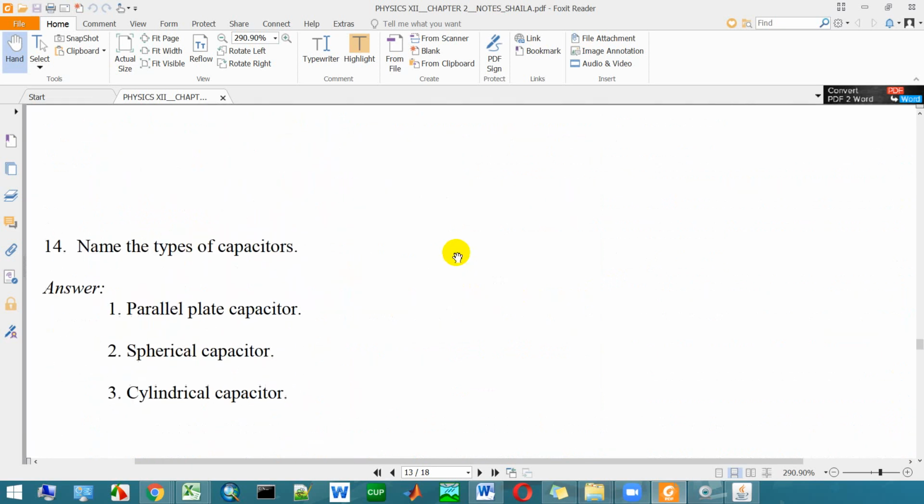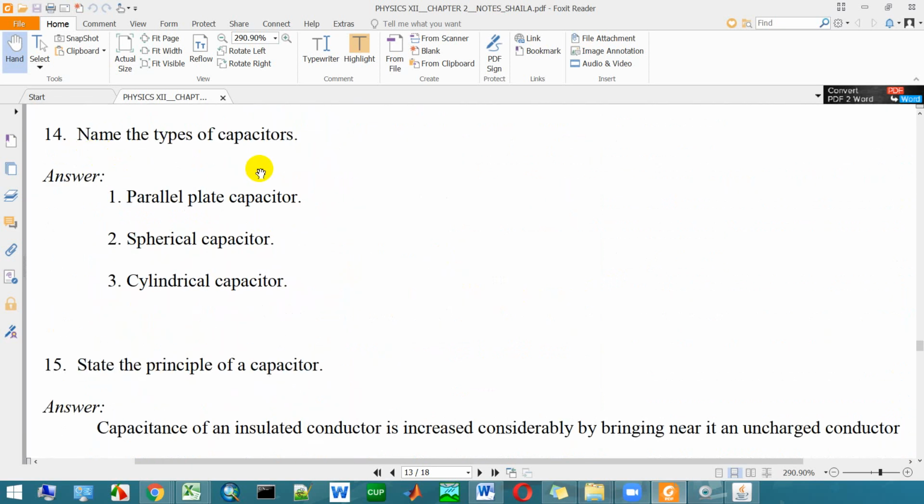Then the next question: we have three types of capacitors: parallel plate, spherical capacitor, cylindrical capacitor. All these three capacitors have two plates.